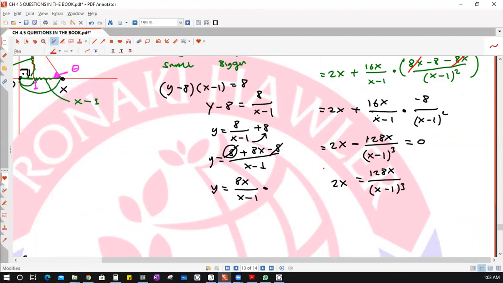Actually, here 0 is a solution, but x cannot be 0 on the x-axis. I'm canceling this x by this x, and this is 2 times x minus 1 cubed is equal to 128. Divided by 2, x minus 1 cubed is equal to 64.